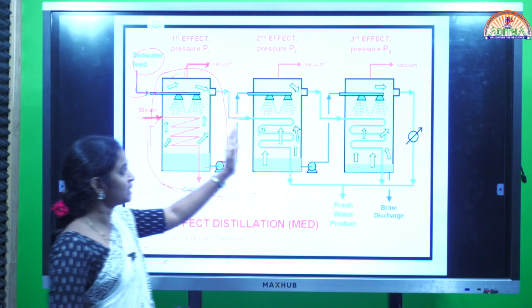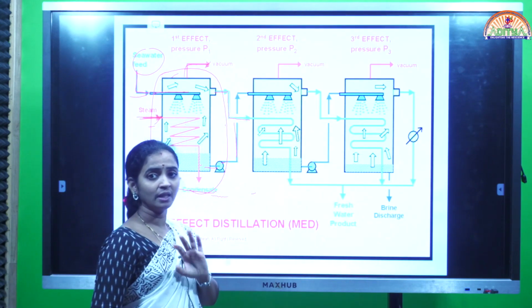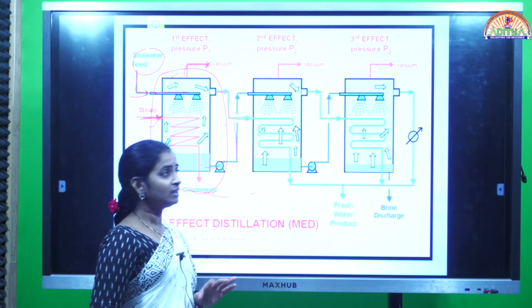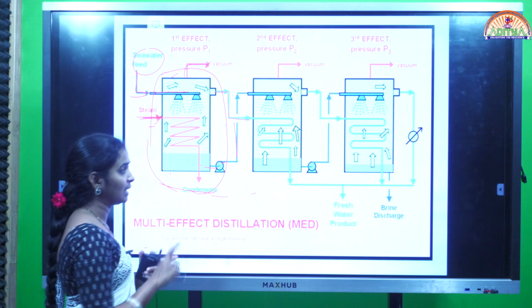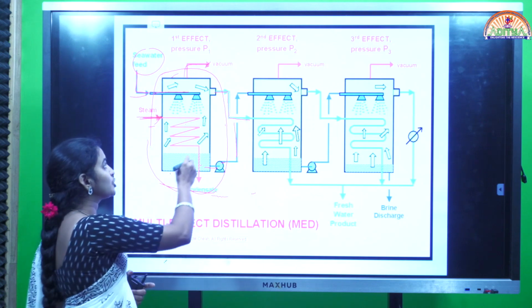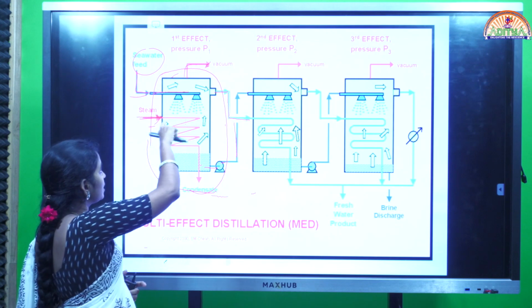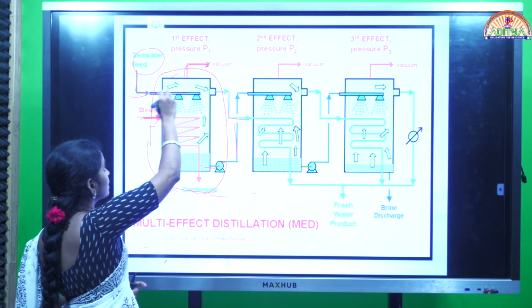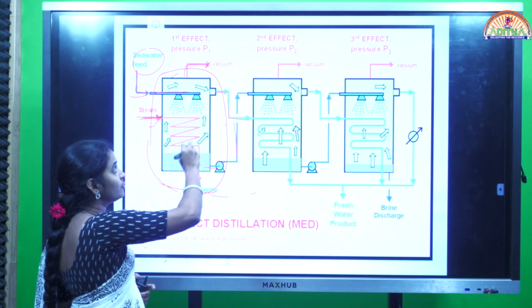But coming to the second still and third still, we are not applying any external steam source. Then how will the water be boiled? The water will be boiled with the help of the steam which is produced in the first still. So first steam will be provided, the potable water will get boiled, and after the boiling, the water will form vapors.